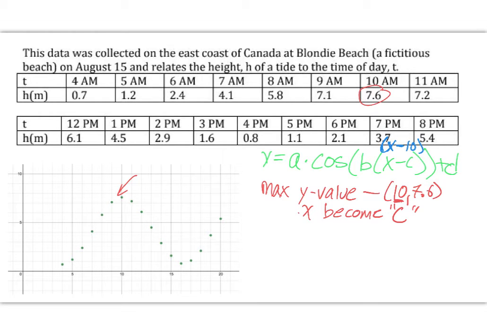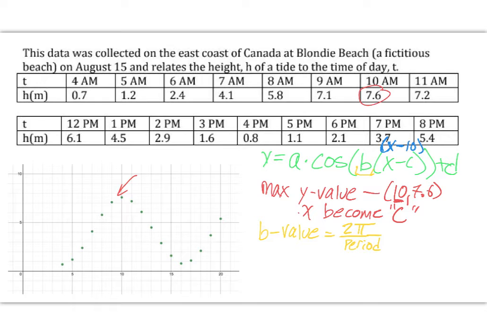Okay. The second thing I've got to identify is my b value. So the b value we said was related to the period, and if we write this as 2 pi divided by the period, that's going to let us very quickly jump to an equation for this.